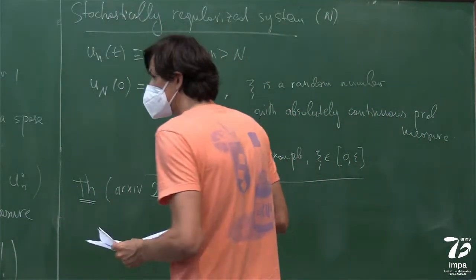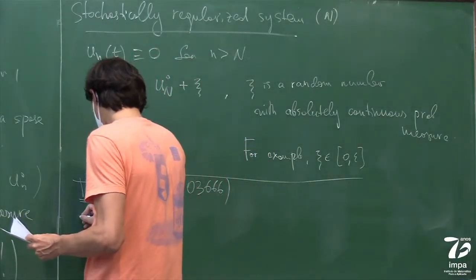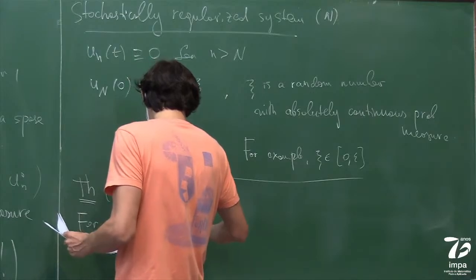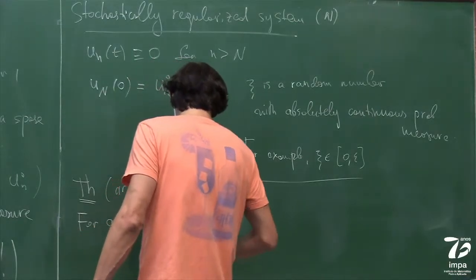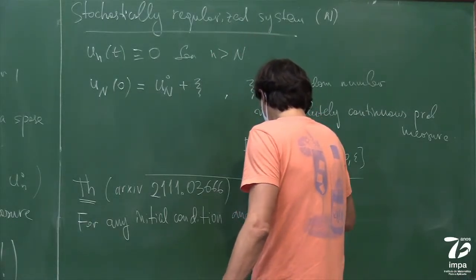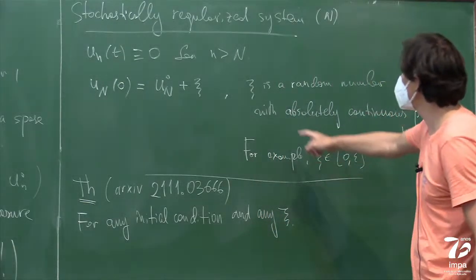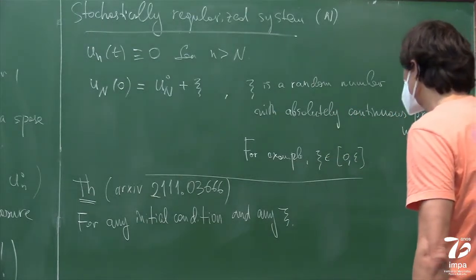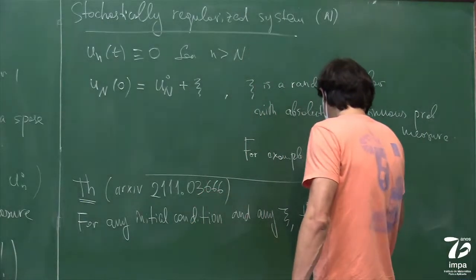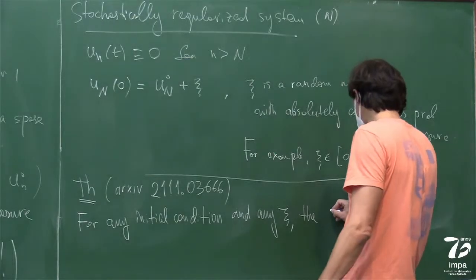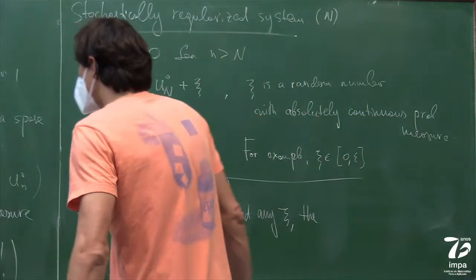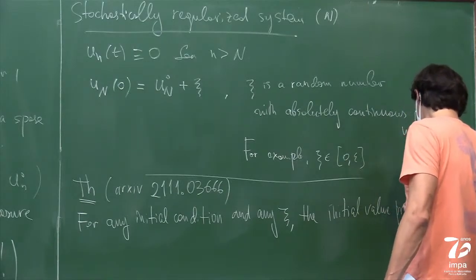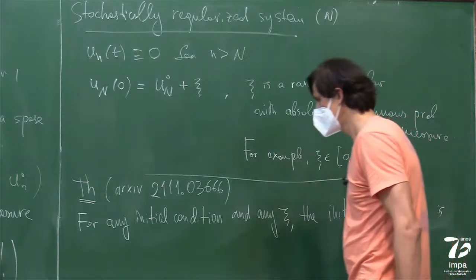So the theorem tells the following: for any initial condition and any xi, so any error which is a random number with a density, so it's an absolutely continuous probability measure, the stochastically regularized initial value problem is spontaneously stochastic.